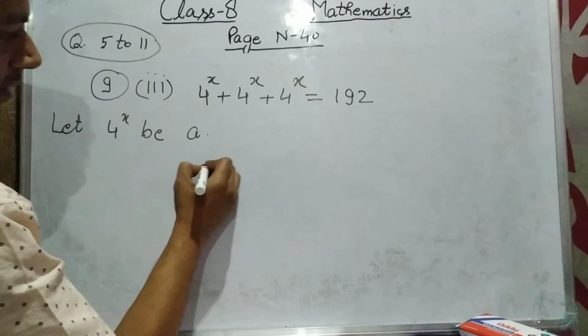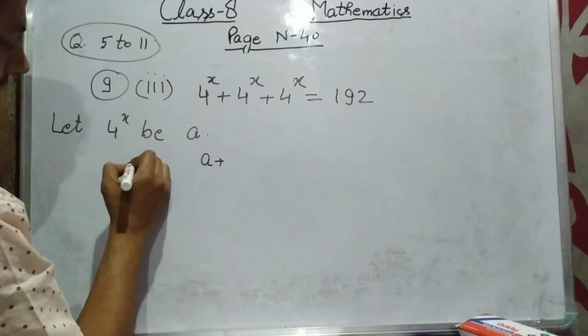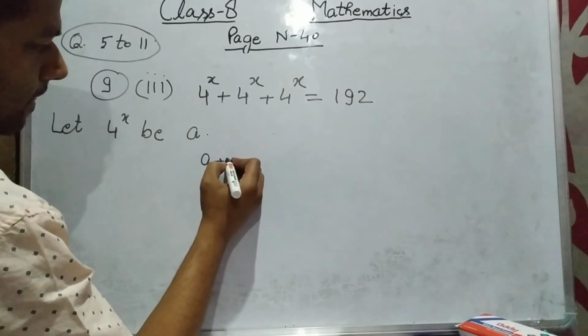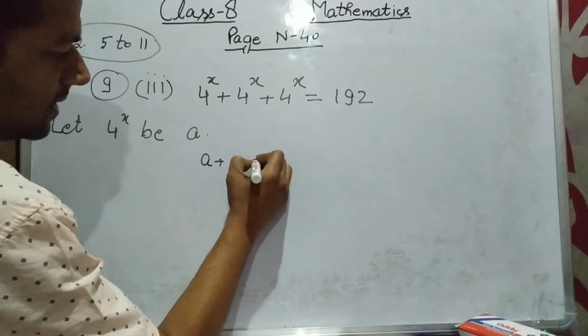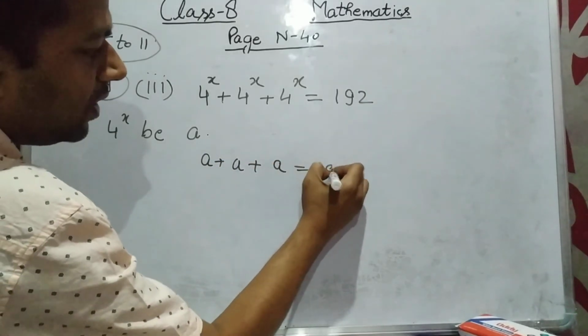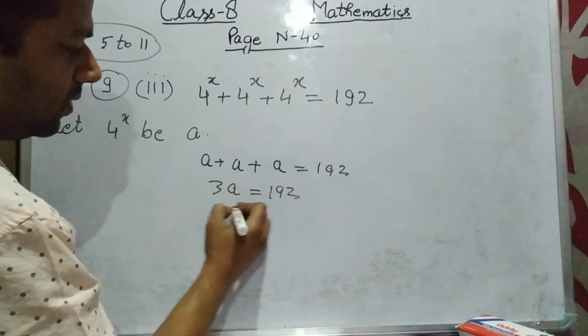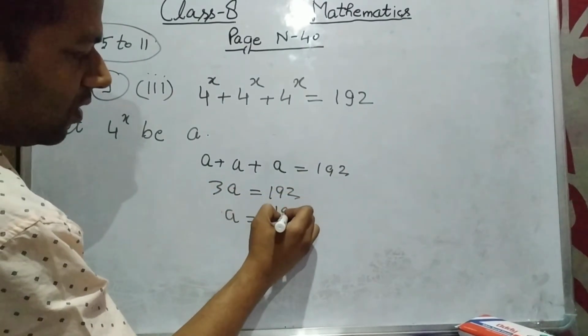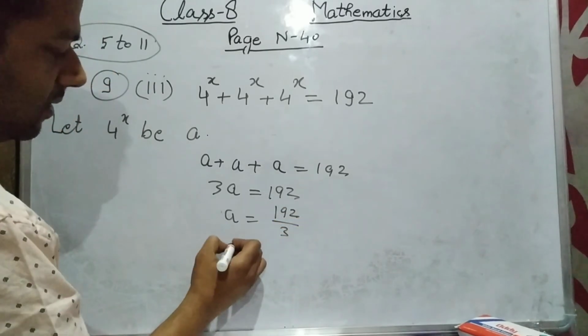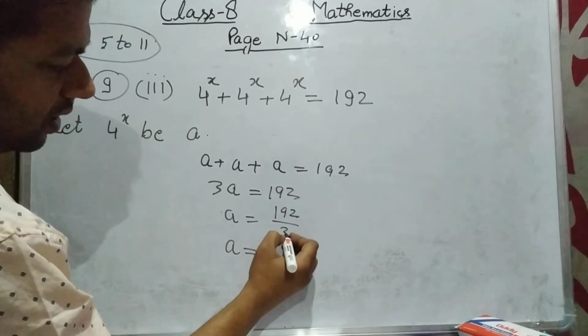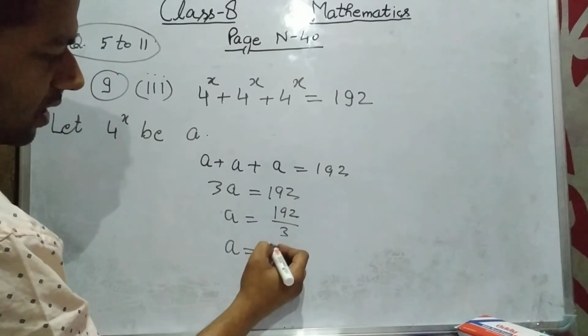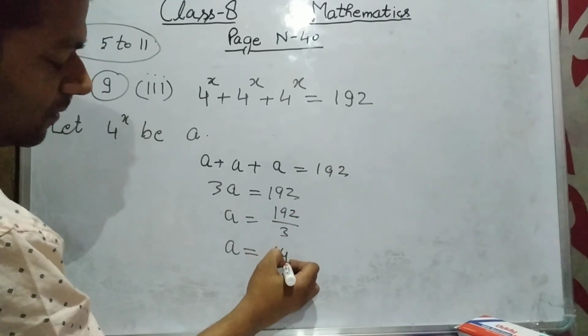Convert this: a plus a plus a is equal to 192. 3a is equal to 192. a is equal to 192 upon 3. a is equal to 64.